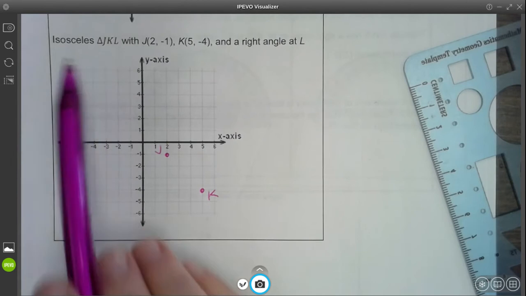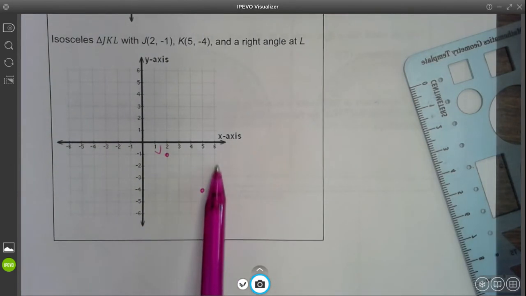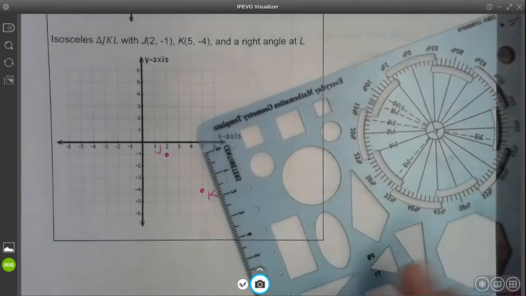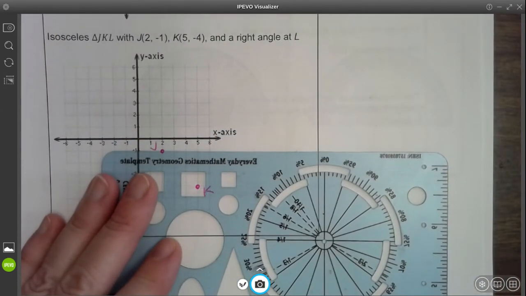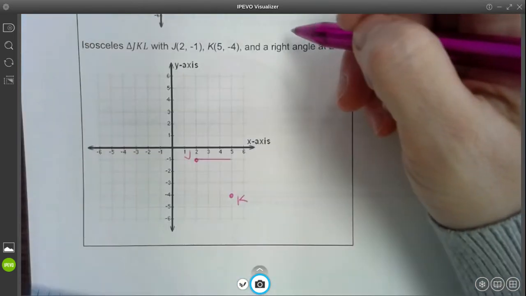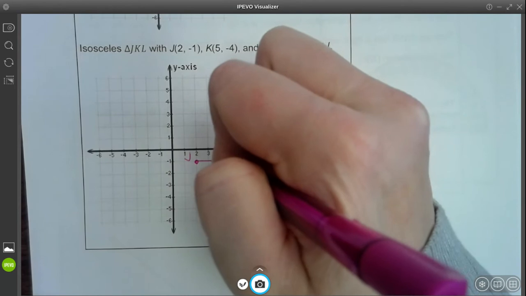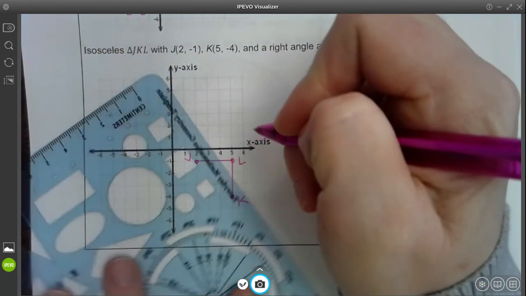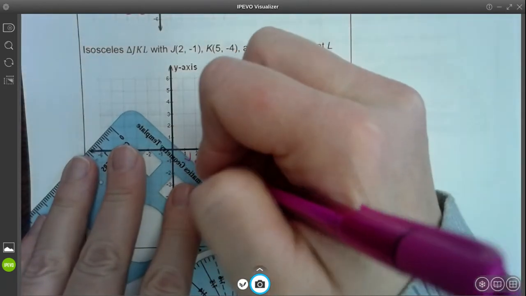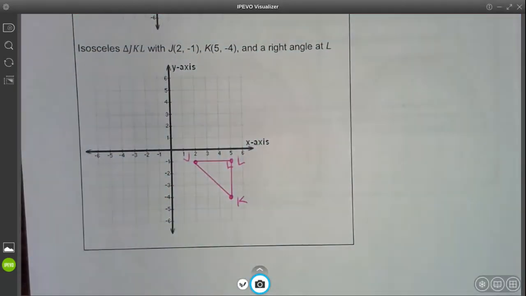Now with triangle JKL, I could call this JKL this way, name it counterclockwise. And L would have a right angle.